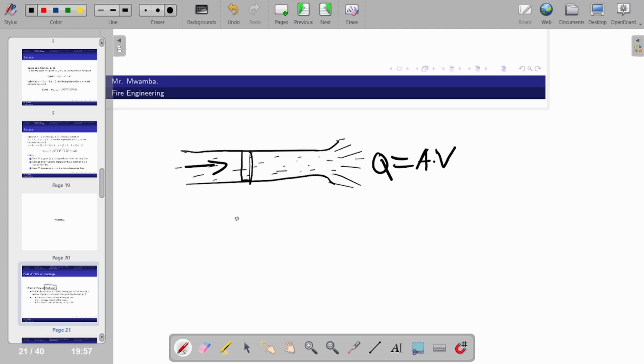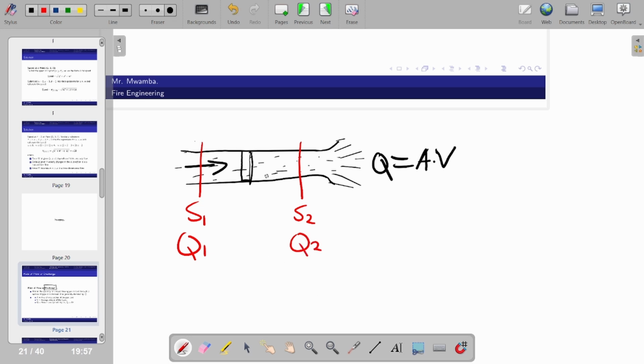And if you have 2 points, 2 sections, let me cut here and call this section 1, and let's call this section 2. Let's call the amount of water passing through here Q1, and the amount of water passing through here Q2.